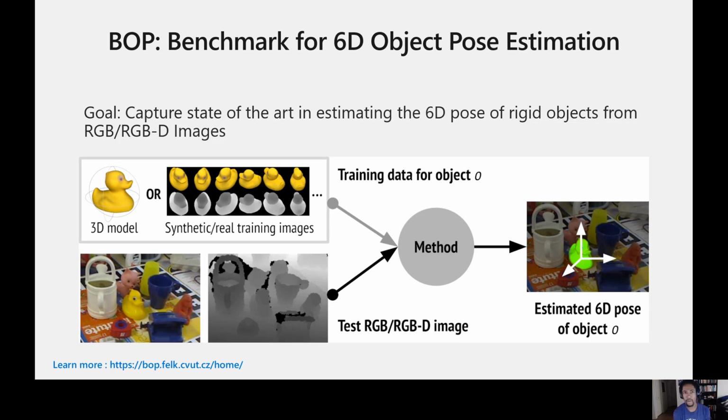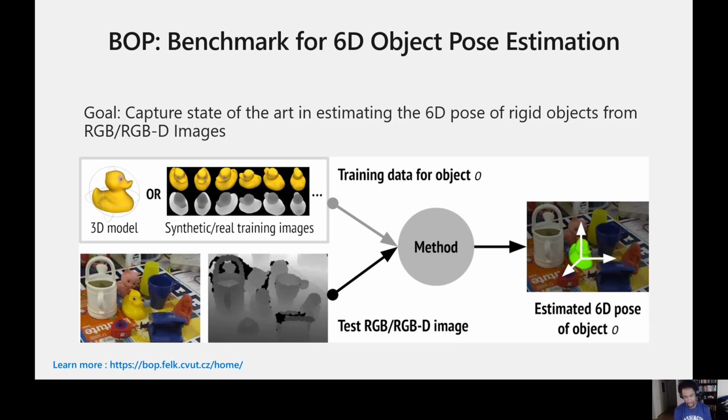So here, we're really just referring to, given an image, usually in the form of an RGB or RGBD channel, we want to estimate the 3D orientation and the 3D position of an object relative to the camera. And that camera coordinate system is something that I'll definitely have another post to talk about separately.